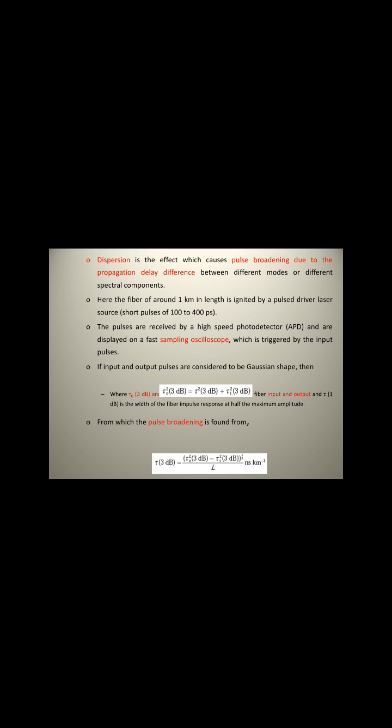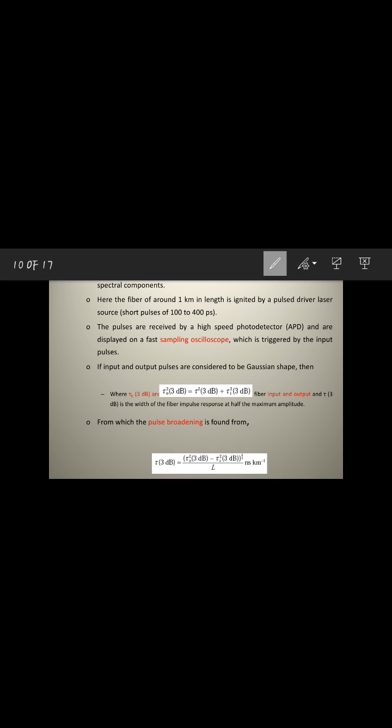Fiber length here is given as 1 kilometer, which is going to be obtained from a laser source of optical pulse width of 400 picoseconds. The pulses are received by a photodetector and displayed on a sampling oscilloscope. The input and output pulses both are going to be Gaussian.